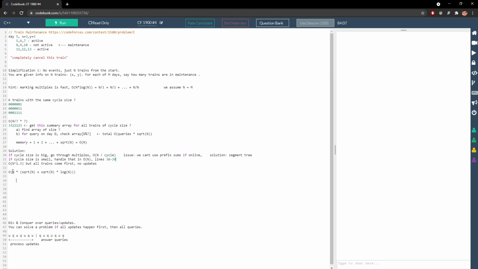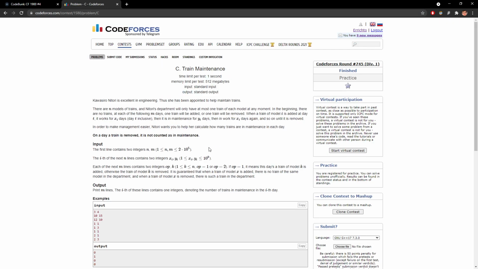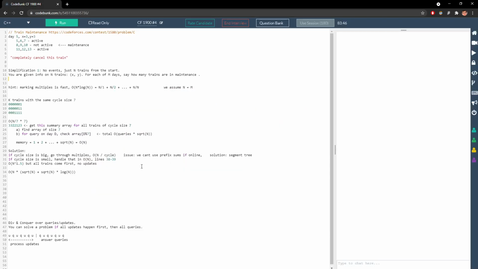Okay, first of all, n square root of n times log will have a hard time passing the limits, because the time limit is not huge in this problem. Like it's what, 2 seconds? Yeah, 1 second. Limits are 200,000. So I would think that 200,000 times square root times log will not pass. And a segment tree isn't something extremely fast. You jump through nodes, so it's not consecutive space in memory.